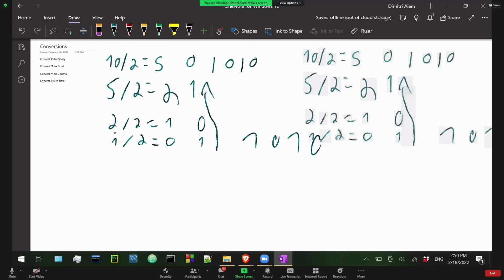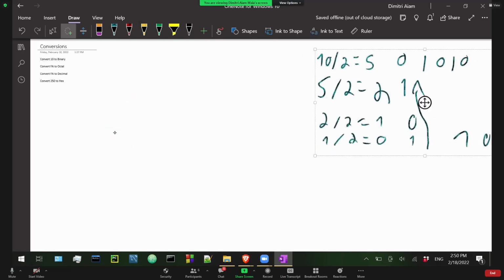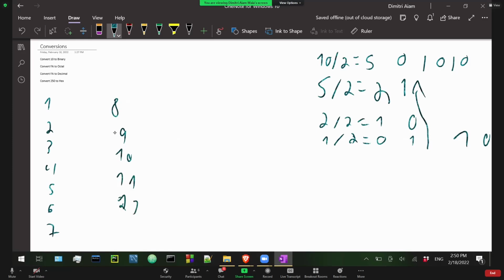Right, so let's move on over here. Convert FA to octal. You guys remember how to convert hexadecimal to binary, right? So we have 1, 2, 3, 4, 5, 6, 7, 8, 9, 10, 11, 12, 13, 14, 15.